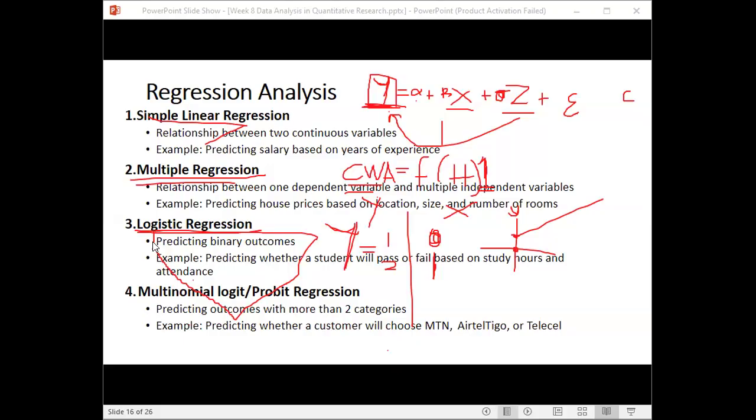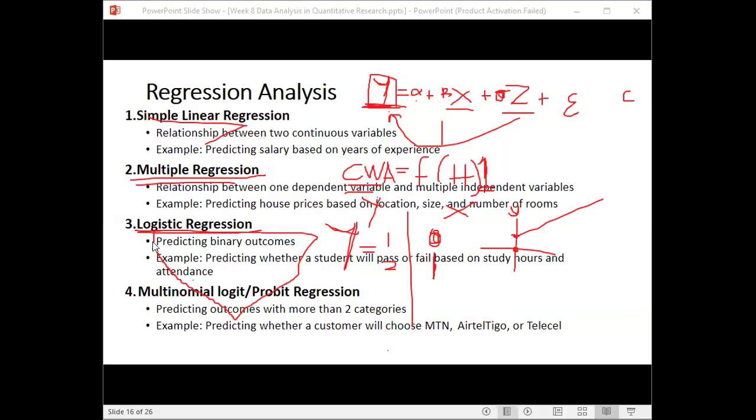What are the predictors of somebody being in the labor force or not? Maybe being married is one, being female is one, level of education is one. All of these can be used to explain whether or not somebody is working. So the predicted variable here is a binary outcome. Then you use a logistic regression.